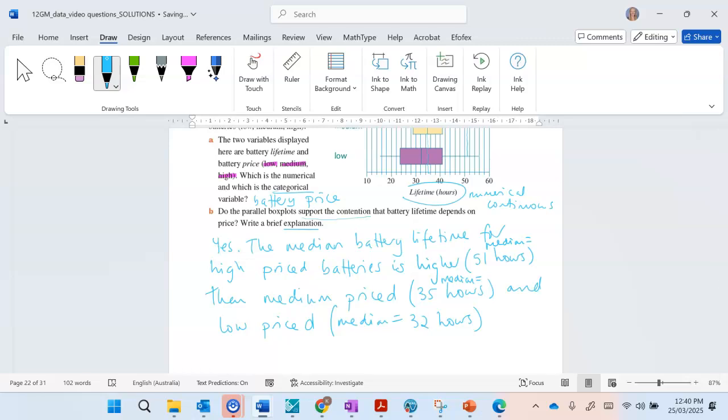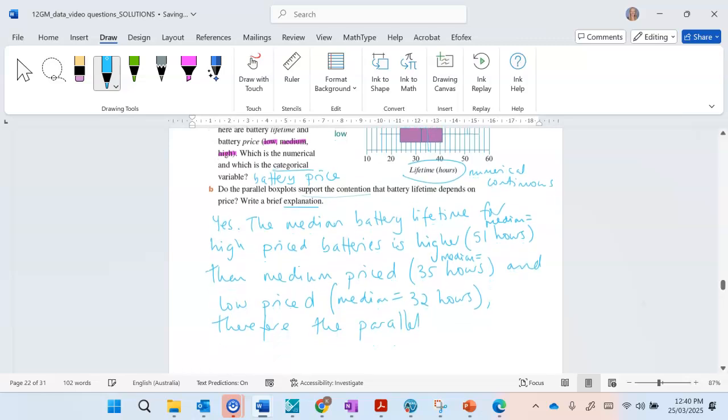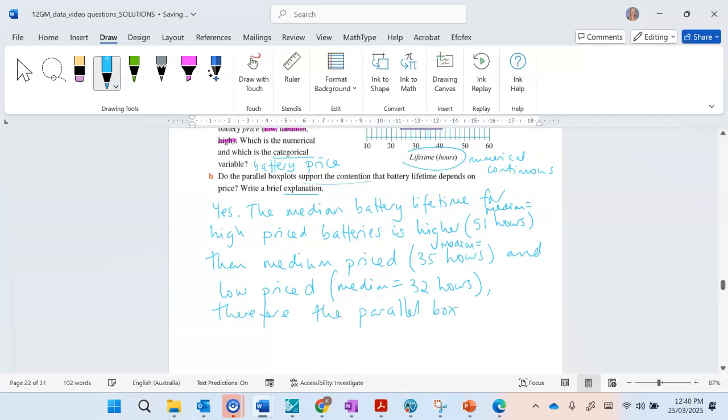Medium equals 51. Then medium priced, which has a median of 35 hours, and low price median of 32 hours. Therefore, the parallel box plots, probably don't need this last part, but we'll put it in anyway. Box plots support the contention. All right, the contention's written in the sentence, so in the question, so we don't need to state it again.